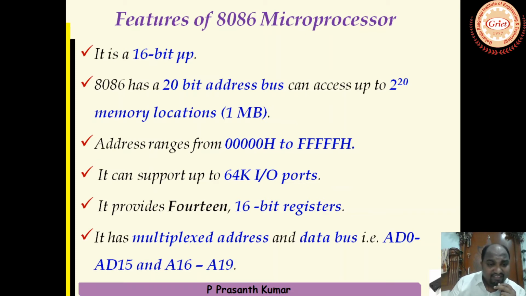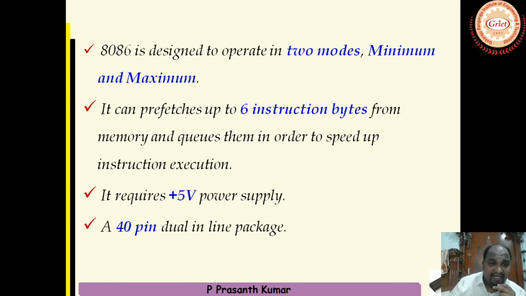And 8086 provides 14 16-bit registers, and it has a multiplexed address and data bus, that is AD0 to AD15 and A16 to A19. 8086 is designed to operate in two modes. One is minimum mode and another one is maximum mode.